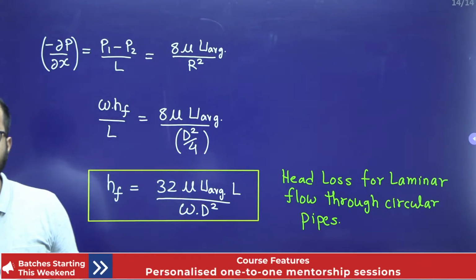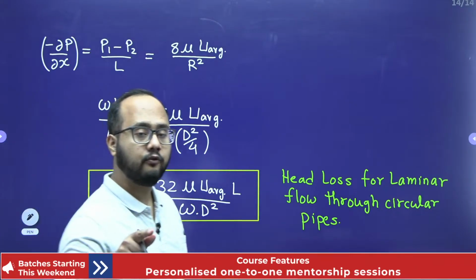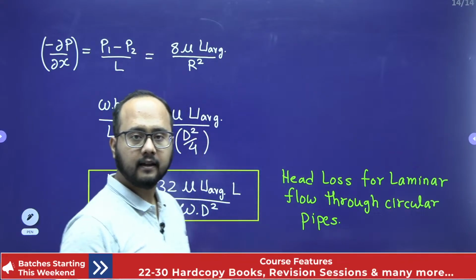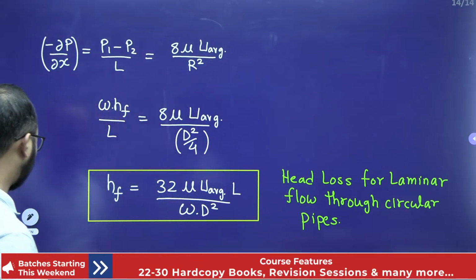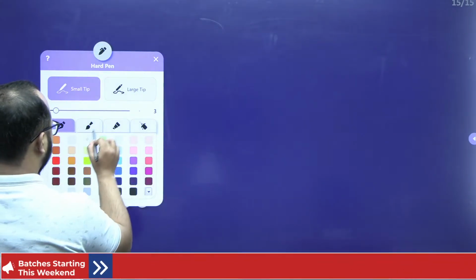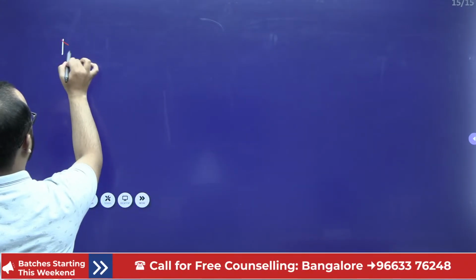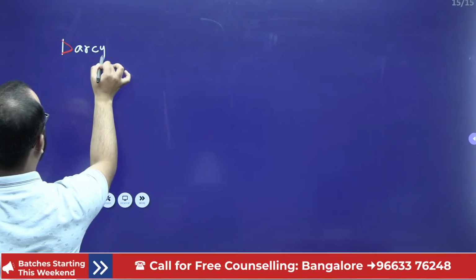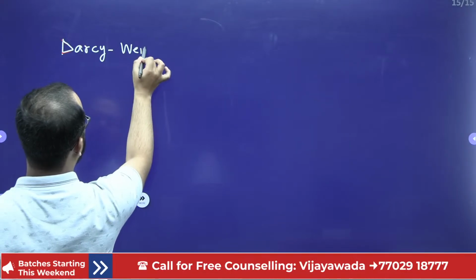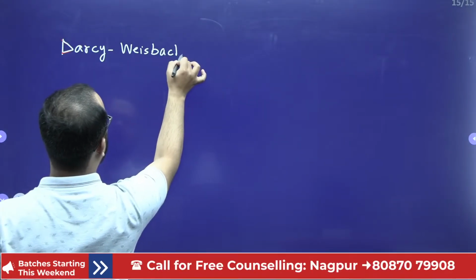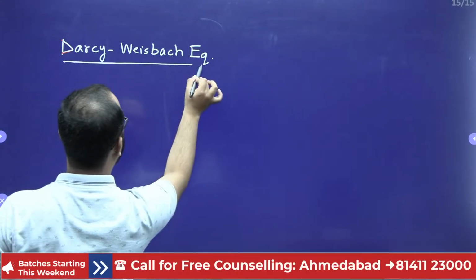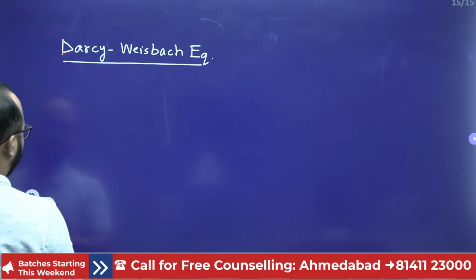Now, apart from this head loss formula, there is one more formula that we usually call the Darcy-Weisbach equation. Everyone should remember that also.